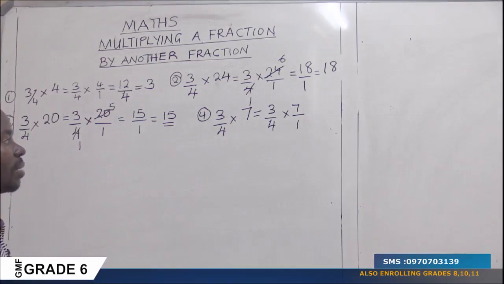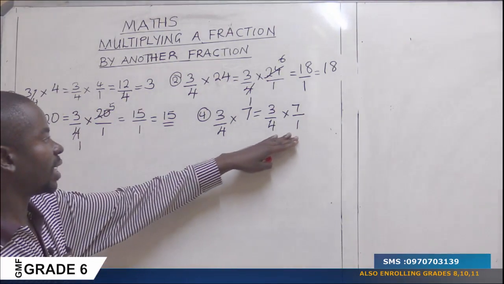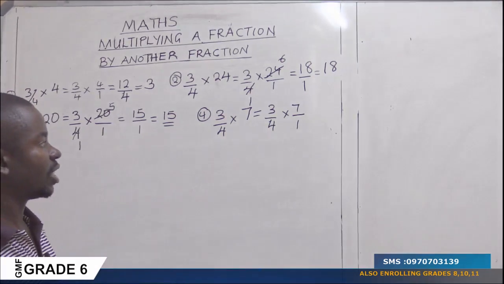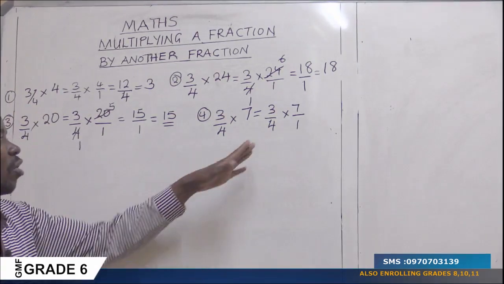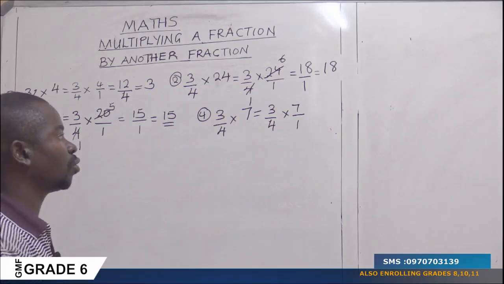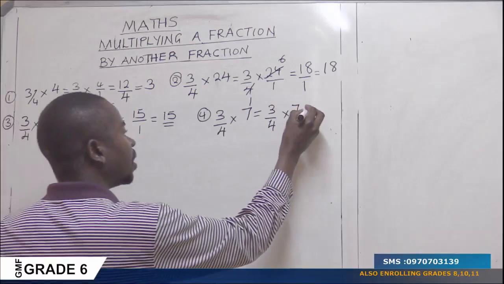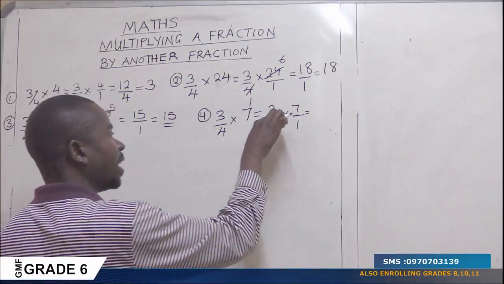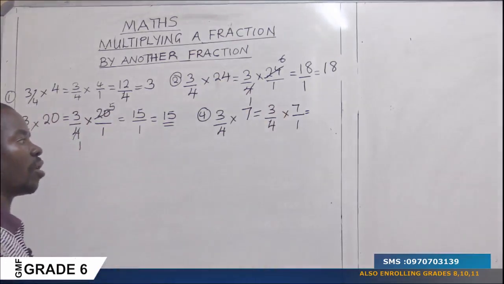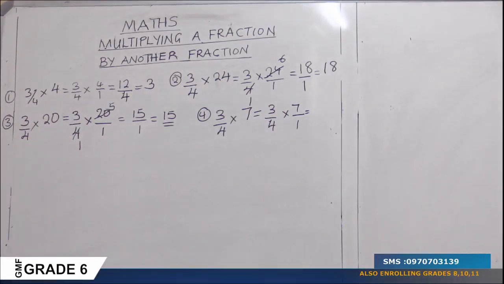Boys and girls, if you look at the denominators and the numerators, there is no number that we can use in order for us to divide. So we go straight by multiplying the numerators on their own and the denominators on their own.